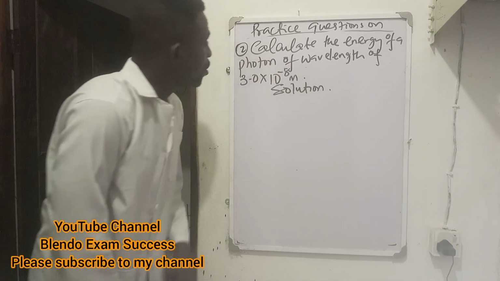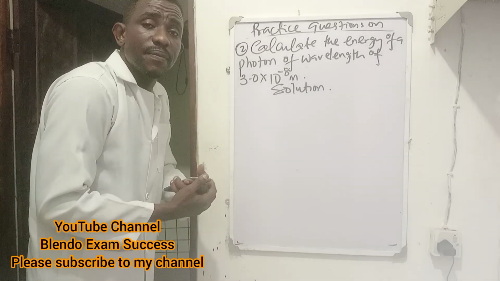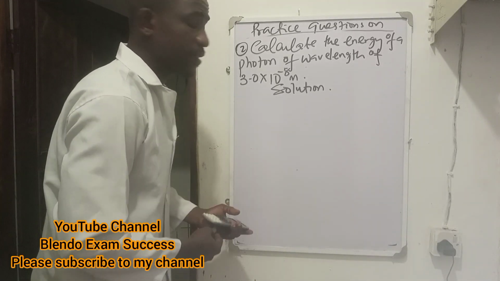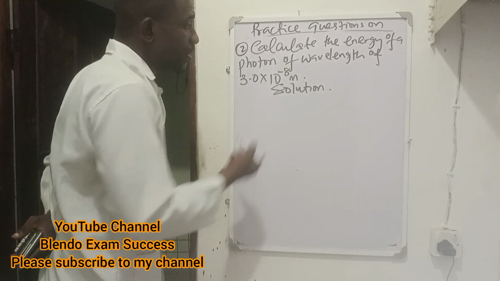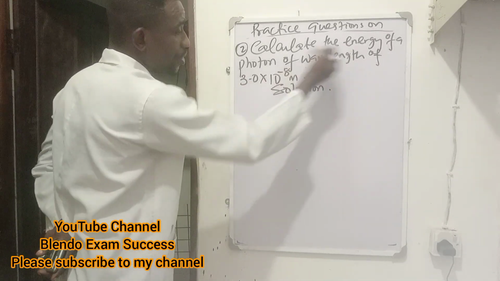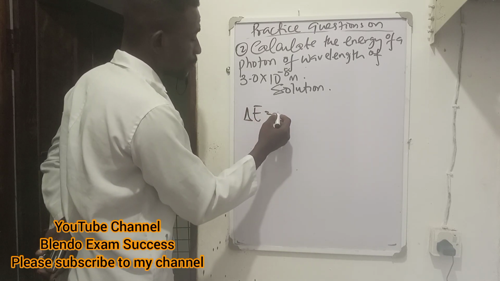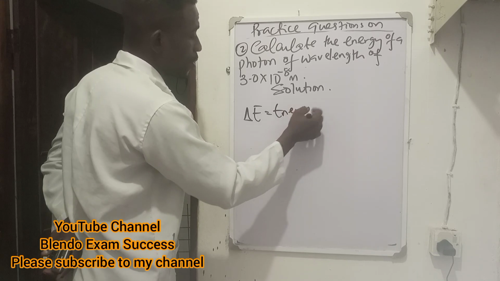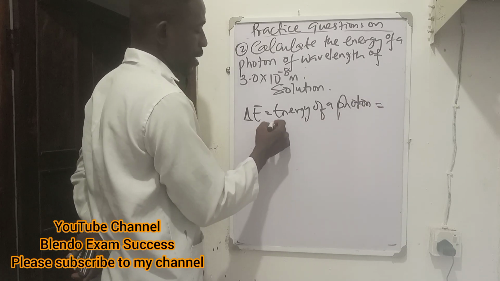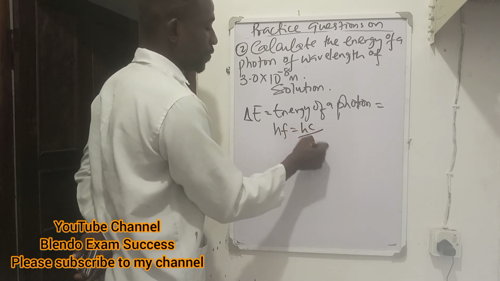To calculate the energy of a photon of wavelength 3 times 10 raised to the power minus 8 is just the same as asking you to calculate the energy released. The energy released during transition is called a photon. So the energy of a photon is equal to hf, which is equal to hc over lambda.